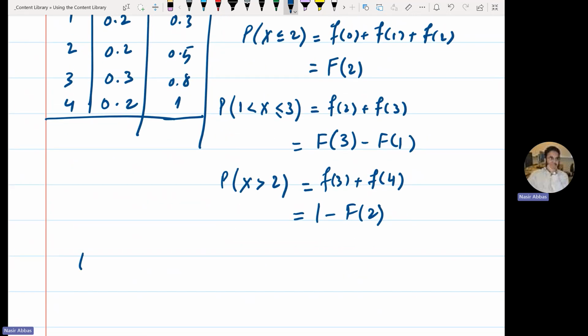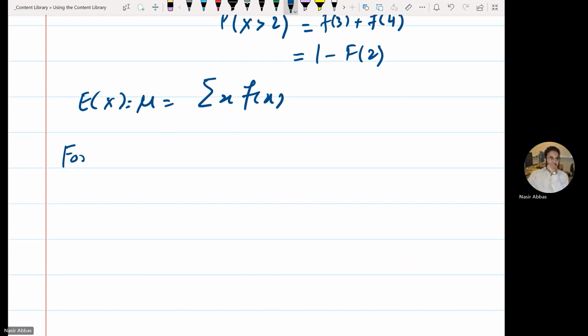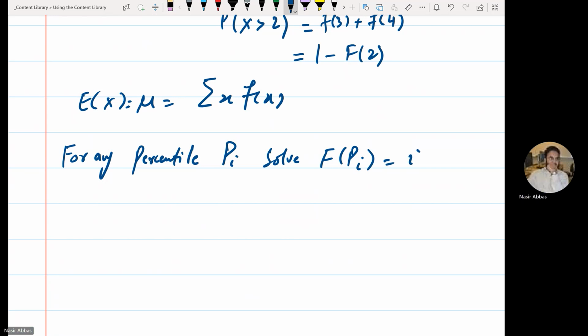Mean, the only formula for mean is summation x times f of x. It cannot be found through capital F of x. And for any percentile, let me call it p_i, you must solve this equation for p_i.